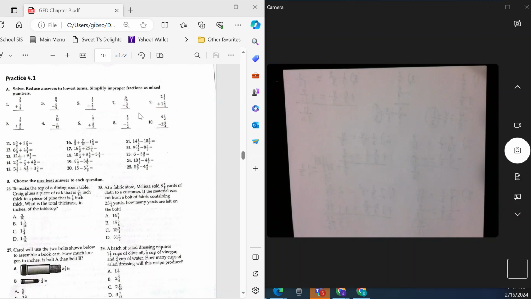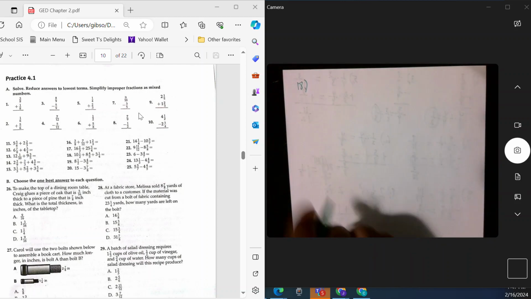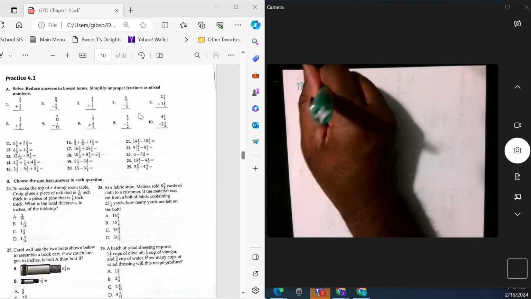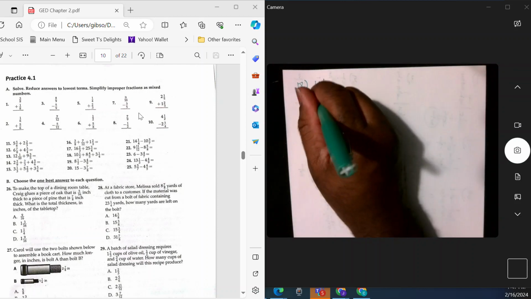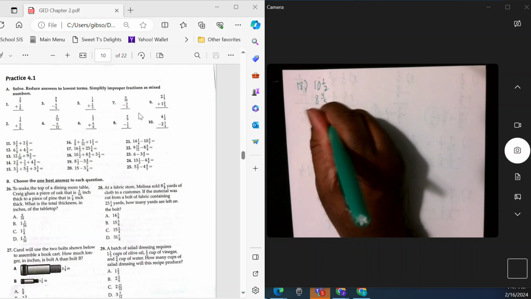You'll basically do that even if you had 3 regular fractions. You would do it the same way that I'm about to do problem number 18. So problem 18, we have 10 1/2, we have 8 4/5, and we have 3 1/4.